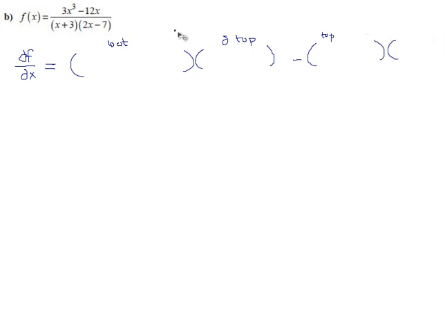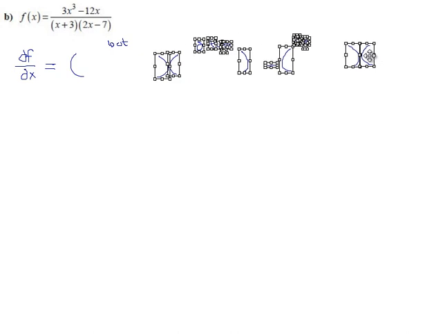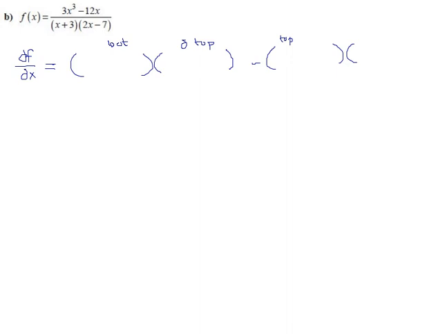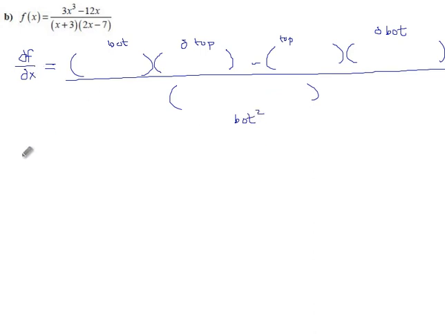Now, I happen to know from the way this is laid out that derivative of the bottom is going to be the really epic step, so I'm going to give that a little more space. And then all that is to be over the bottom squared.